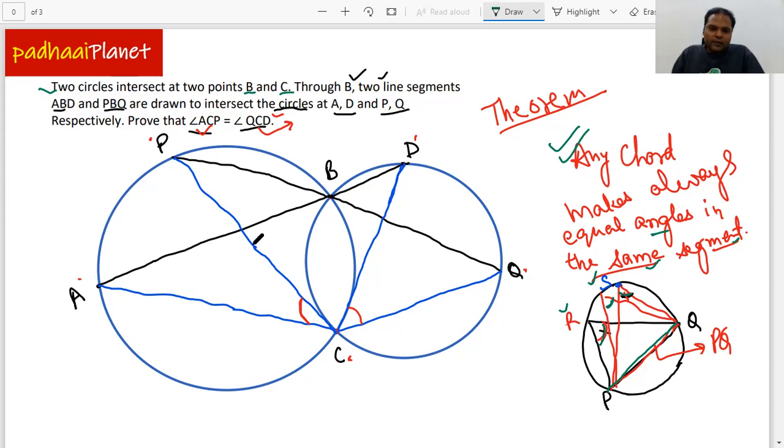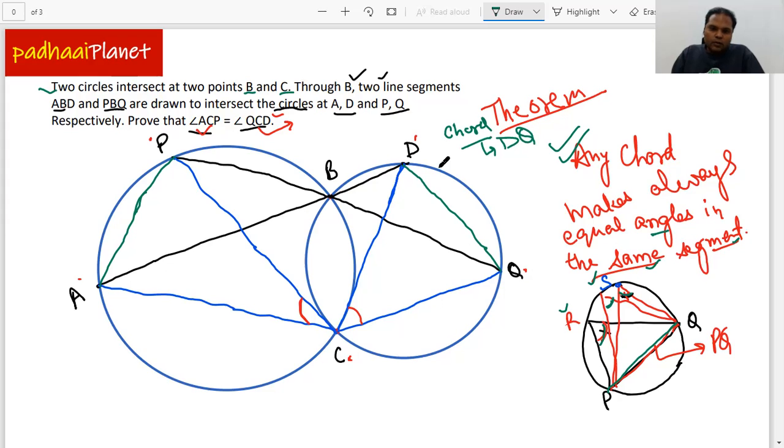Now let us see this diagram which we have here, and let us connect D with Q, and here I will draw A with P. Now let us consider the chord DQ.